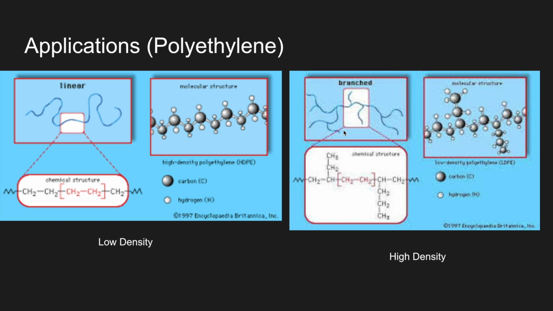And I'm going to assume that, since there's a linear structure, low density polyethylene is going to take up more space, and this term is one we defined earlier. Having a linear strand would increase the radius of gyration, therefore making this polymer a low density polymer.